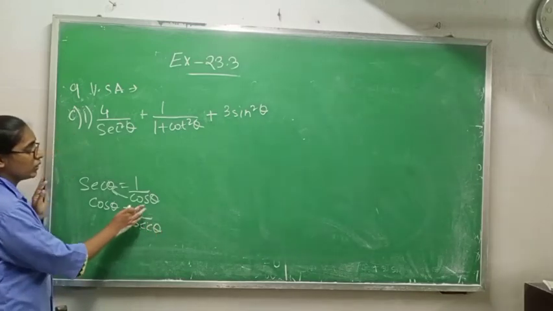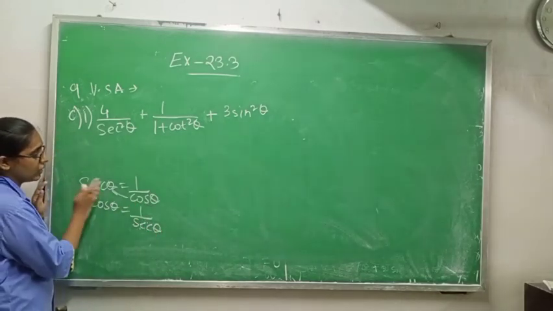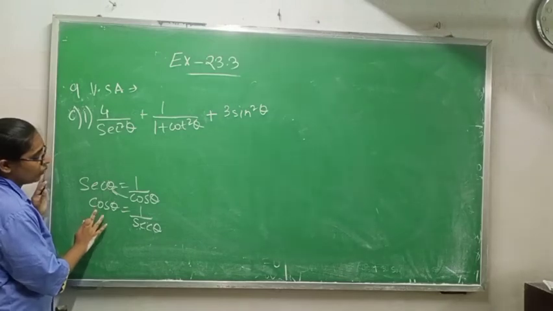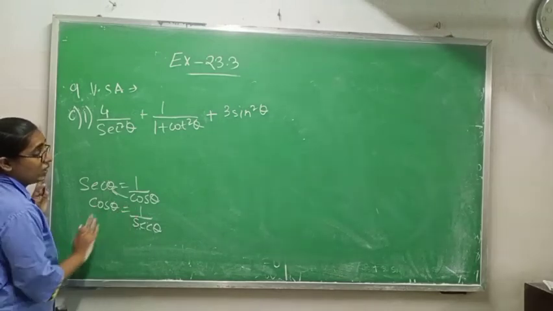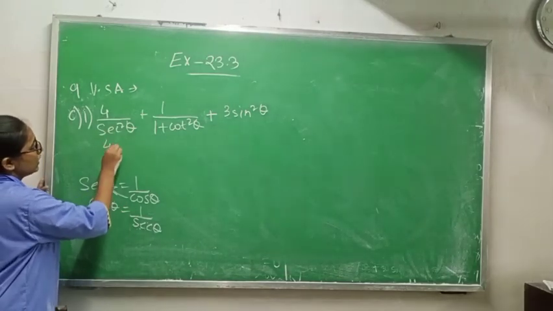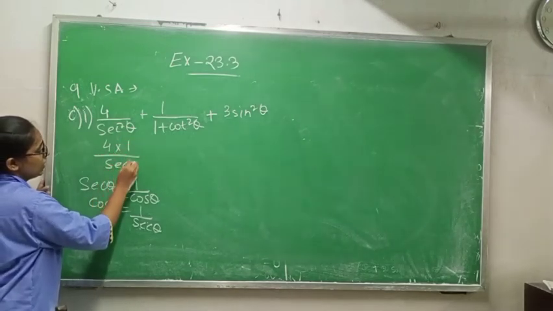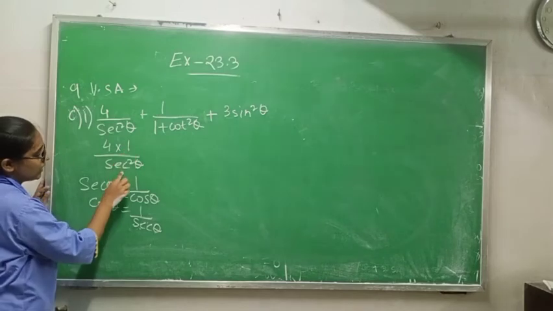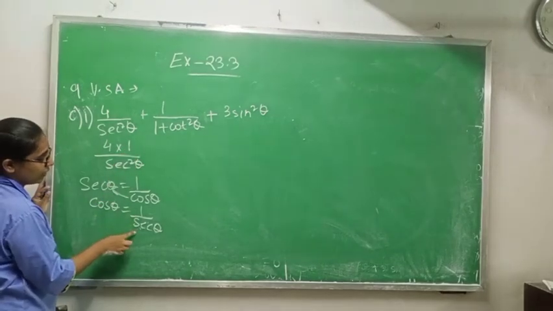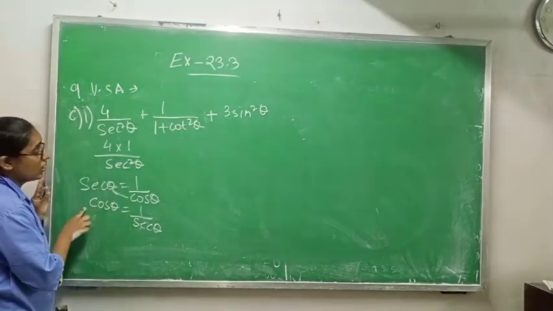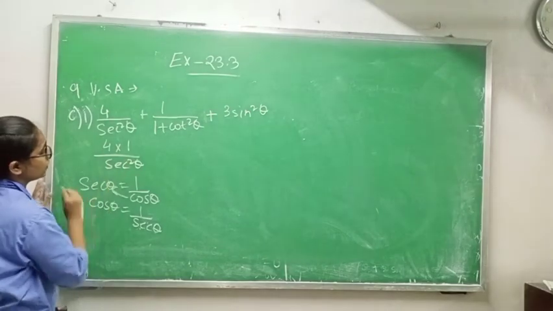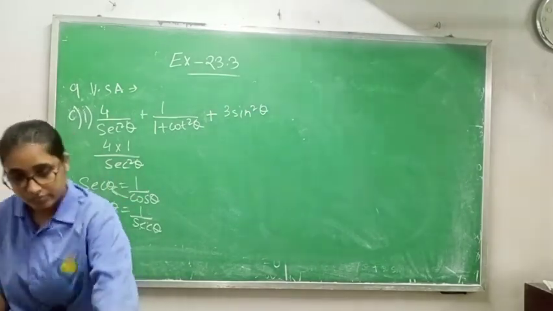I am writing cos theta here and taking sec theta here. So in place of cos theta, I can write 1 by sec theta. You can see it is 4 into 1 by sec square theta. So 1 by sec theta we can write as cos theta. That is why I will write here cos theta.